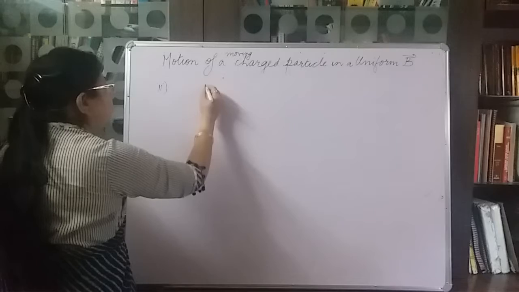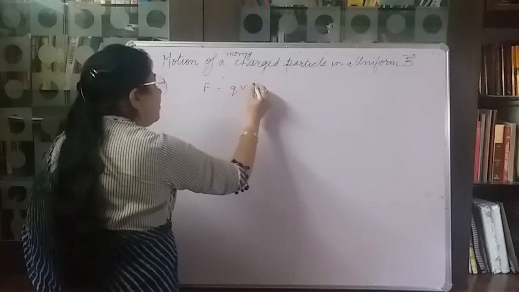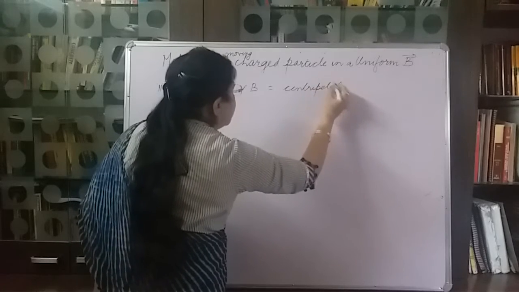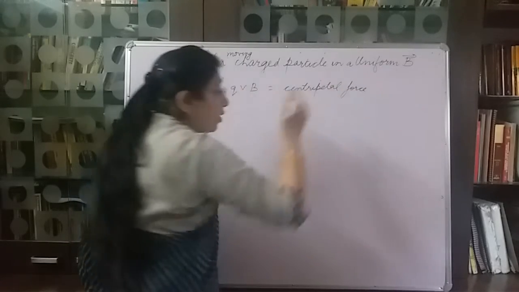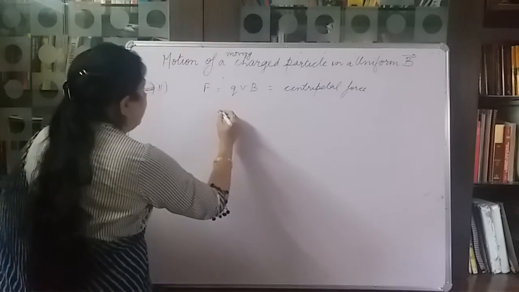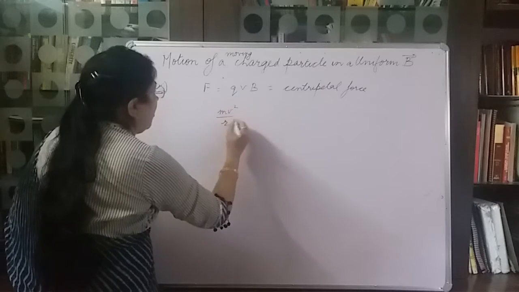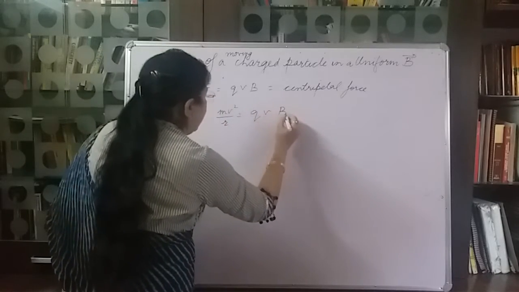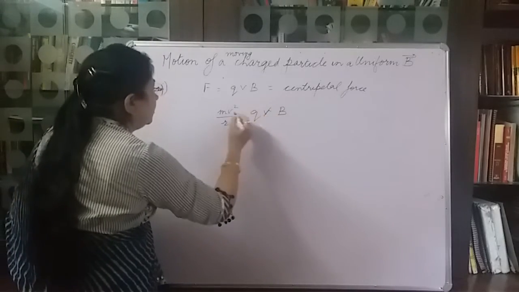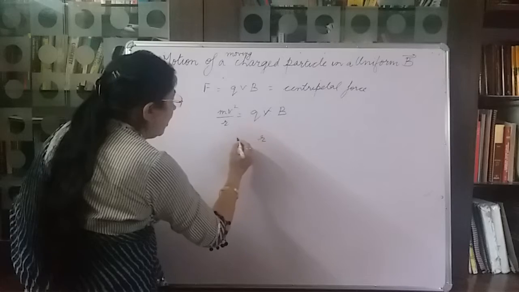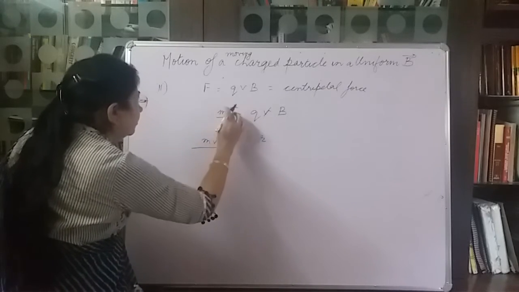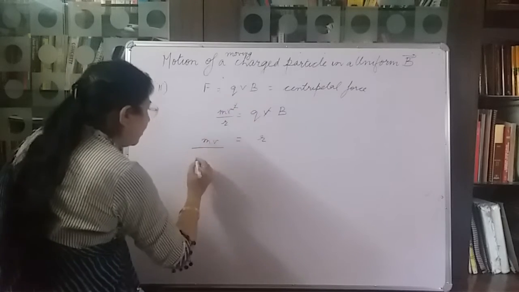When the force is QVB, the magnetic Lorentz force is providing the centripetal force. Equating, we get m v squared by r equals QVB. Let us cancel one V. So r equals mv upon qB.